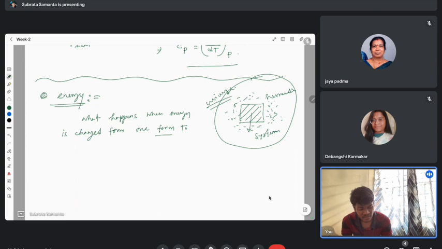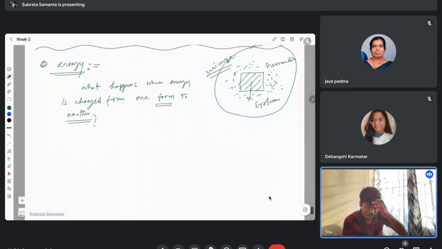This form means in which form it is contained: in the heat way, or adding heat, or doing some work done. So one form to another. What happens to the energy when it changes from one form to another?